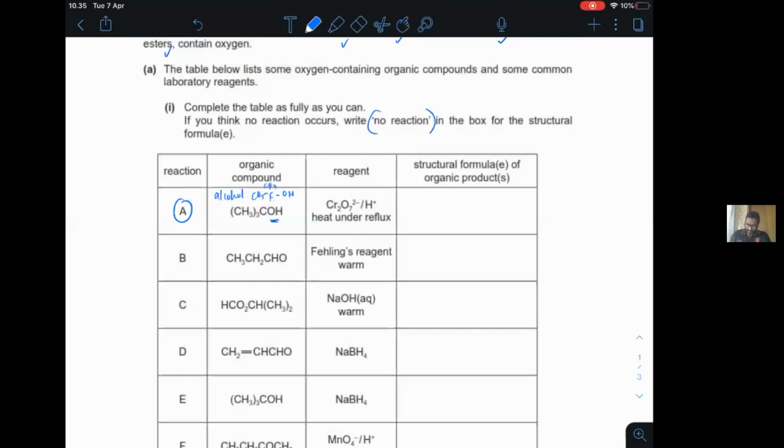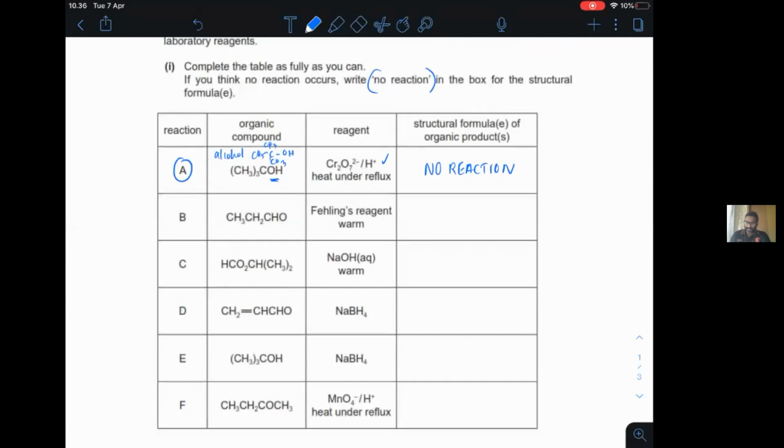It's tertiary. There are three R groups over there. Now, can tertiary alcohol be oxidized? No. So you will write no reaction. This is going to be the oxidizing agent.